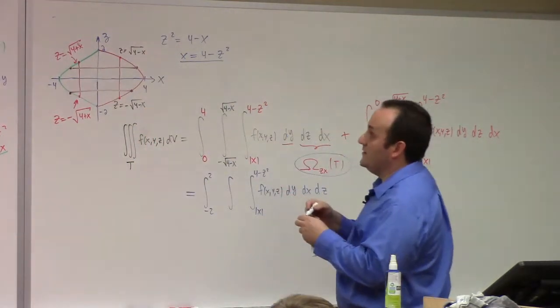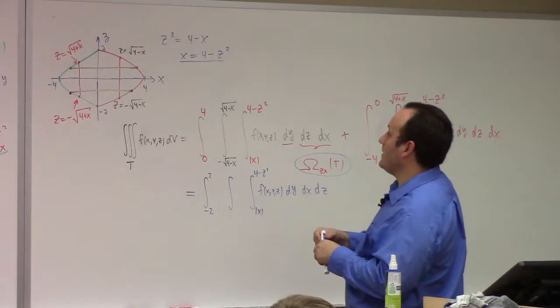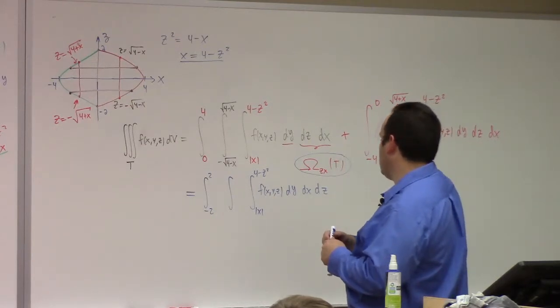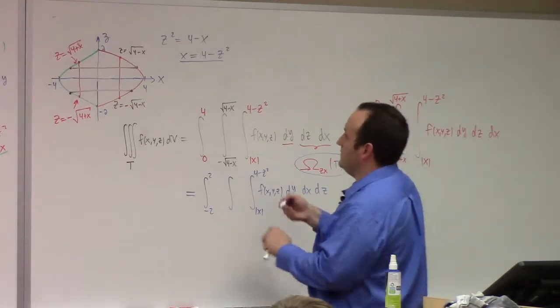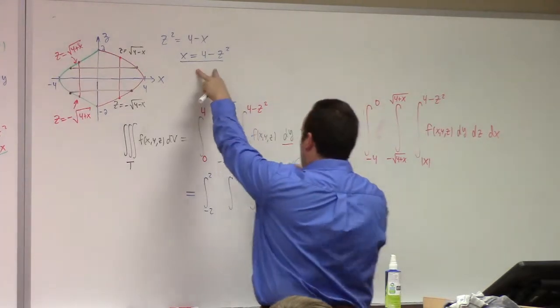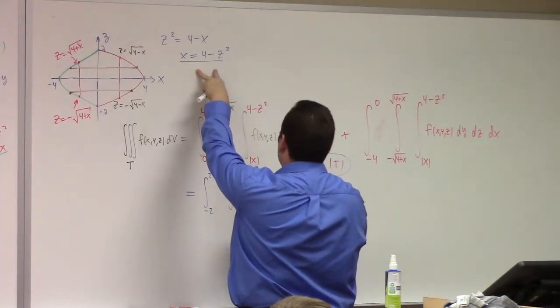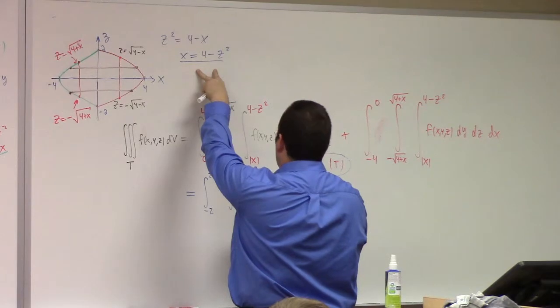From the top to the bottom, x is equal to what? 4 minus z squared is the top, right?